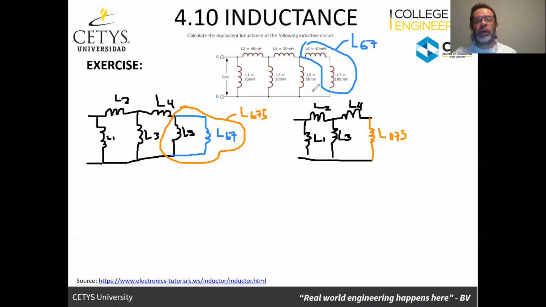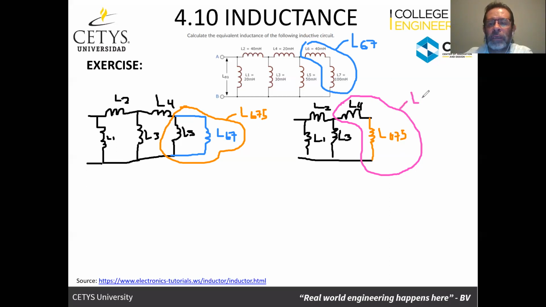And now we're going to take these two and we're going to call this one L6, 7, 5, 4. Okay. I forgot to say something here. I'm gonna mark these.